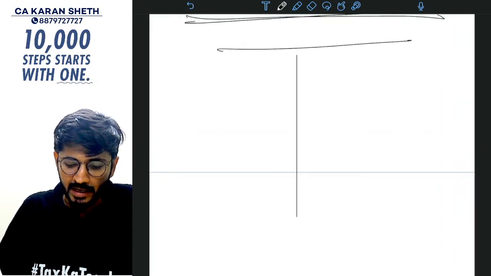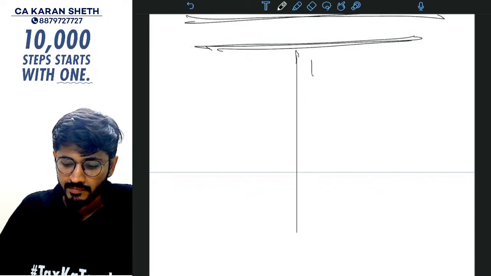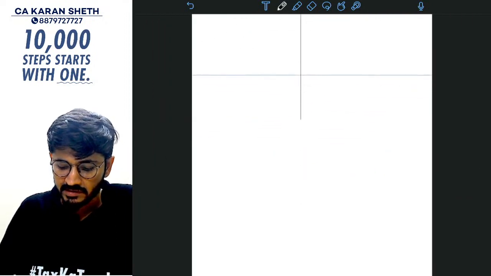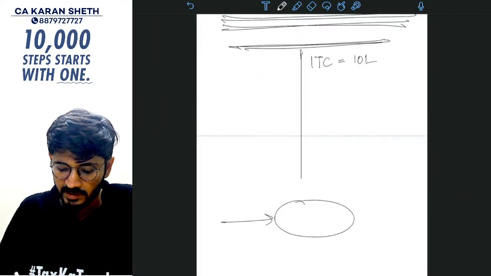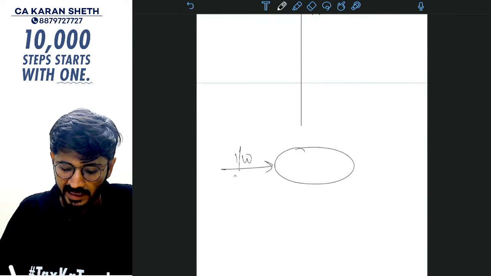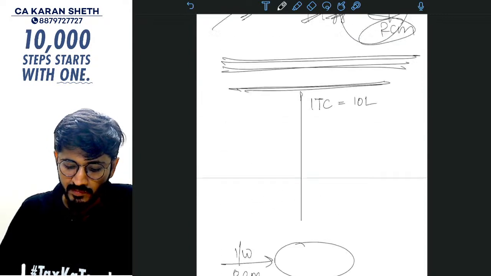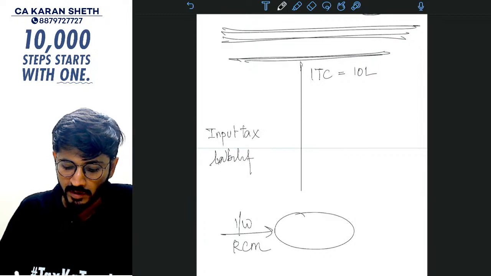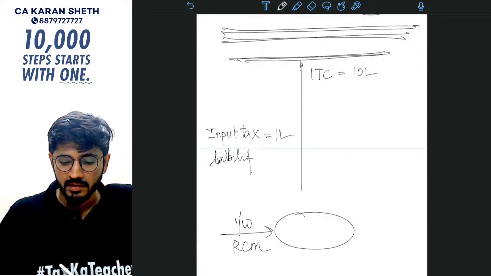Okay, so for example, there is ITC of 10 lakhs. And now you have taken an inward supply where tax is payable as per RCM, so there is input tax liability that I need to pay to the government, 1 lakh.